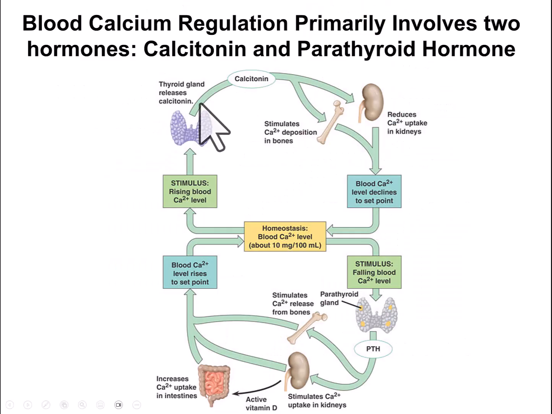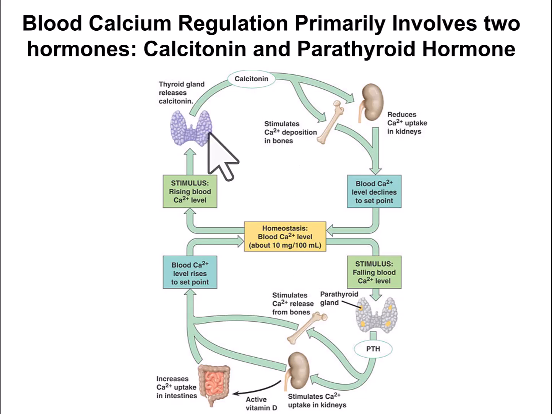Really important to make sure you know that when we talk about blood calcium regulation, it primarily involves 2 hormones. And you want to make sure you can talk about these 2 hormones and how they regulate blood calcium levels. These are calcitonin and parathyroid hormone. In a previous video, we went over calcitonin and how calcitonin lowers your blood calcium levels when they get too high.